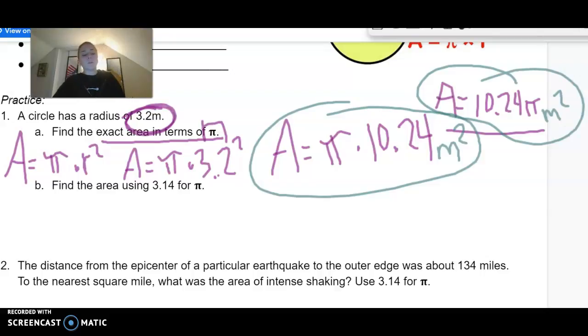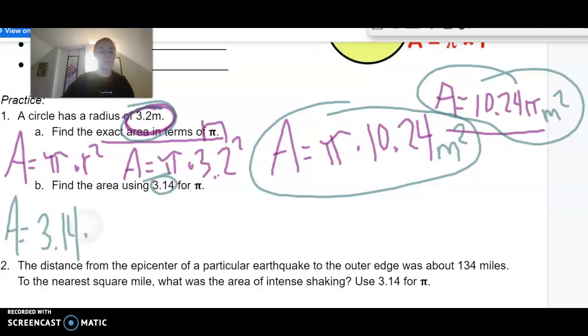So now we're going to look below, finding the area using 3.14 for pi. Alright, so we still have our 3.2 meters for our radius, but we're using 3.14 for pi. So we have our area equals 3.14 for pi times our 3.2 squared. We know from part A that 3.2 squared is 10.24.